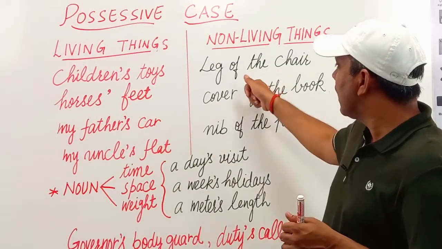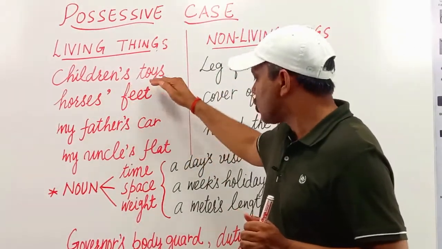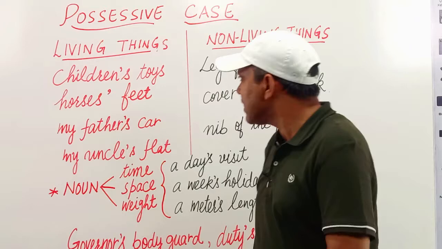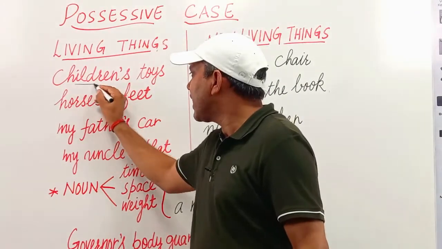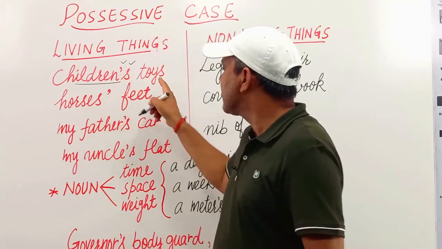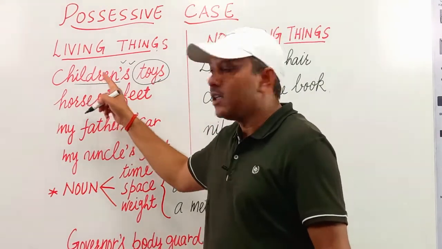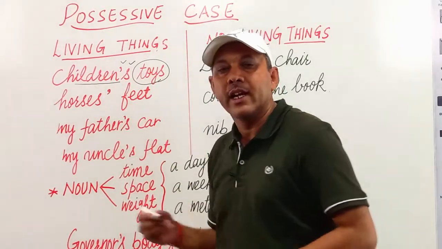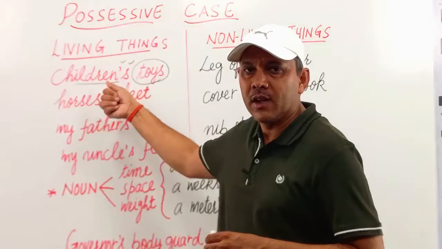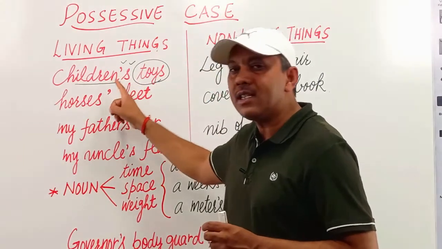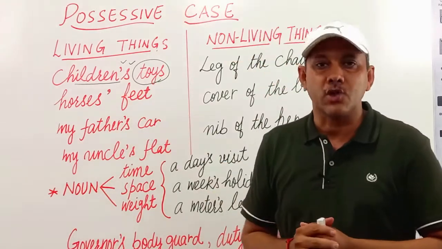Here we use of. For example, children's toys. Here children is a living person. That's why we can use apostrophe s, toys. Toys belonging to children, children's toys. We cannot say toys of children. We shall say children's toys to show possession of toys.